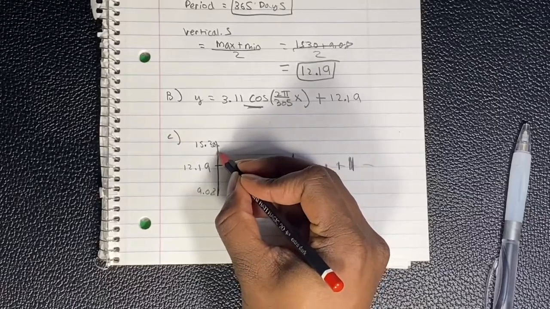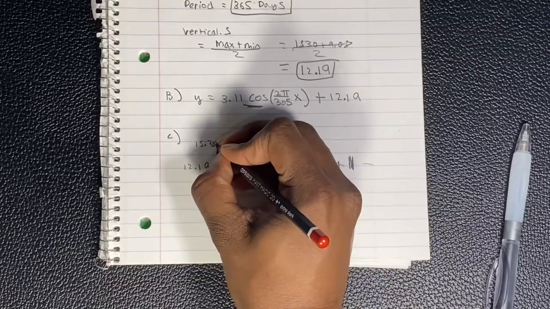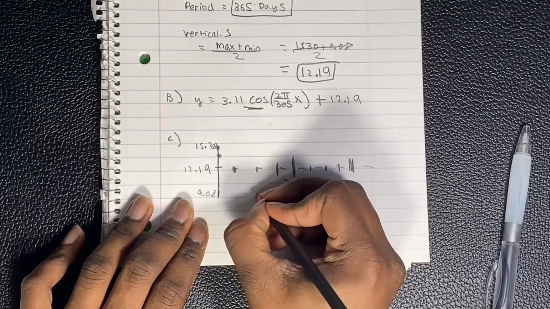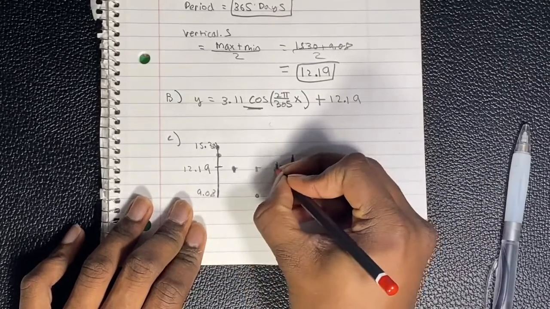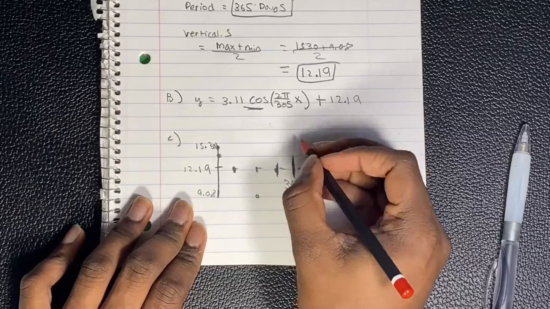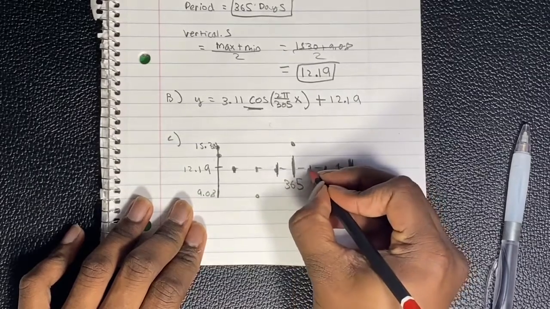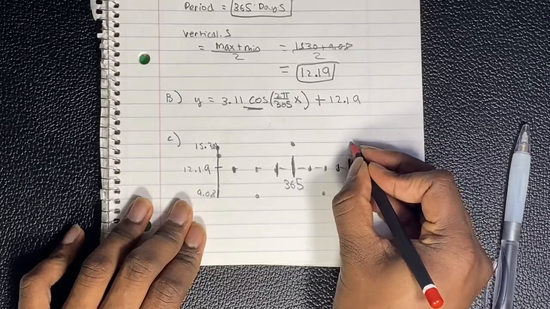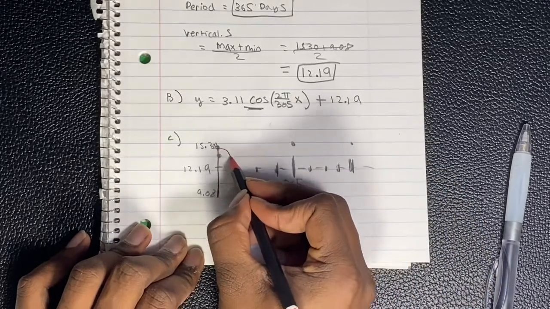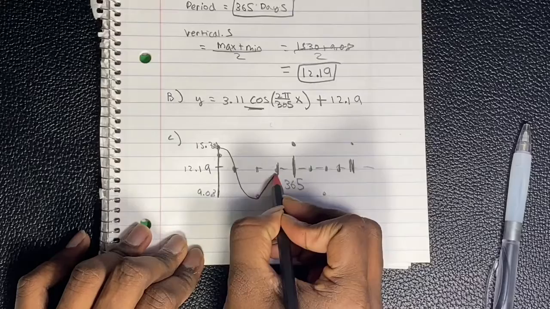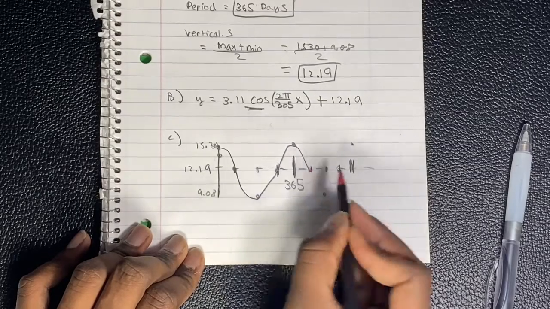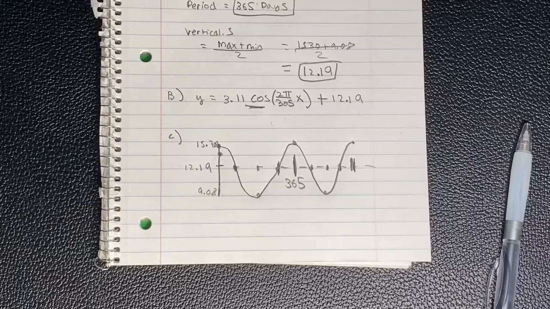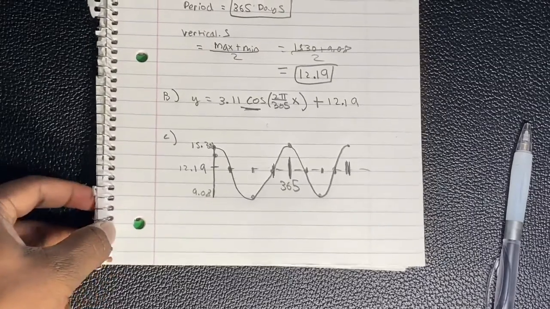So max, center, minimum, center, max, center, minimum, center, max. And then it'll end up looking like, if I can draw right, there we go. All right, so there's our graph, and this is our model.